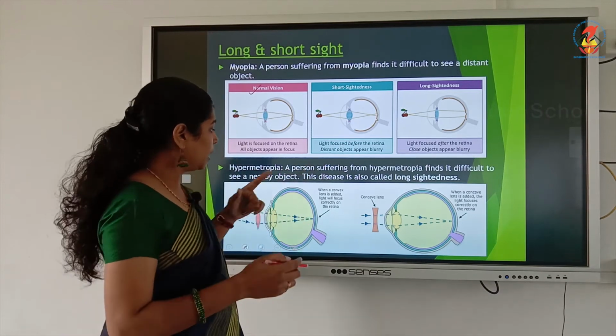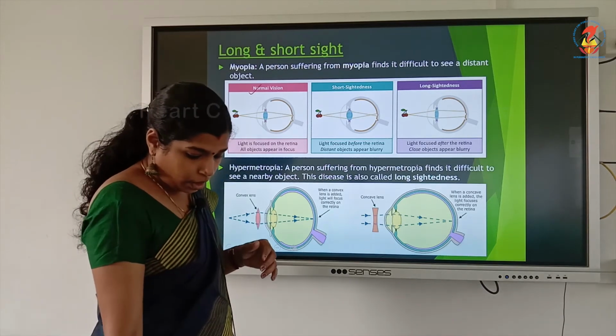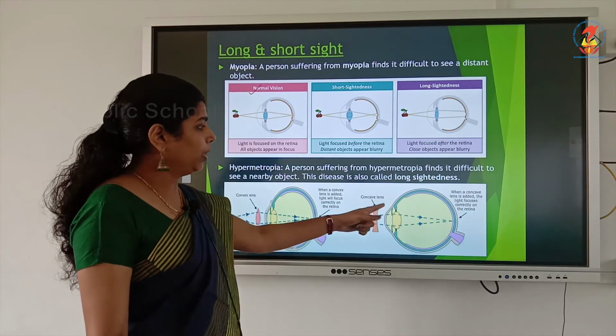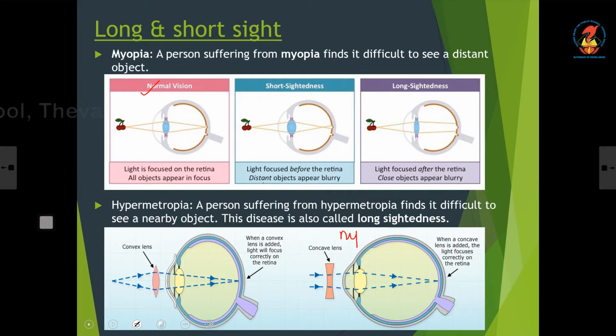So, to correct short sight or myopia, we will use concave lens, and to correct hypermetropia or long sight, we will use convex lens.